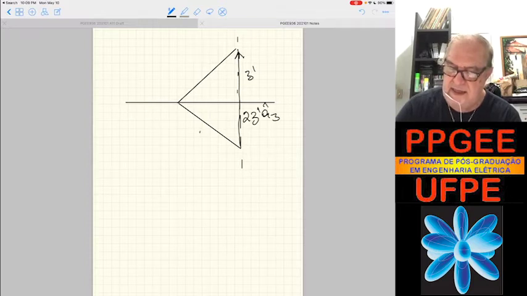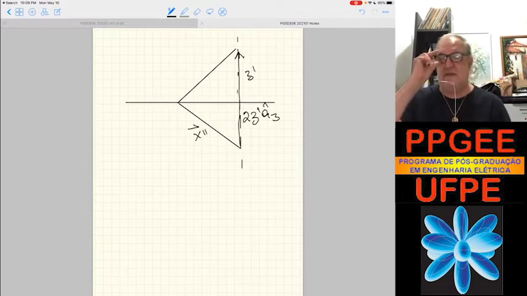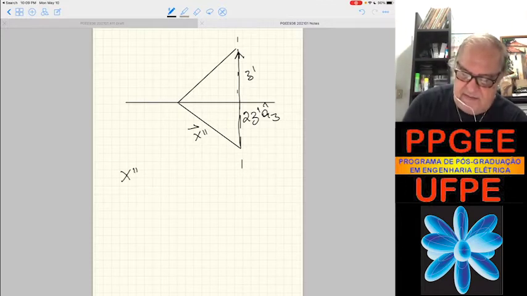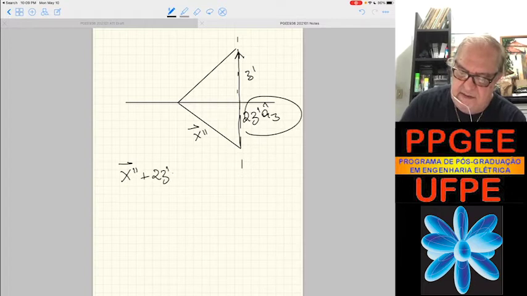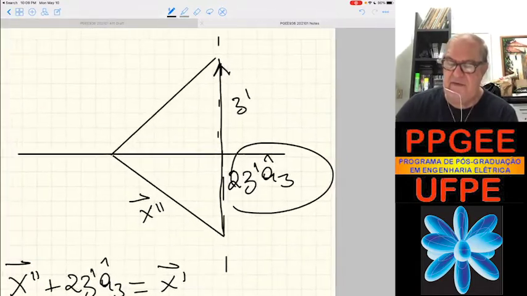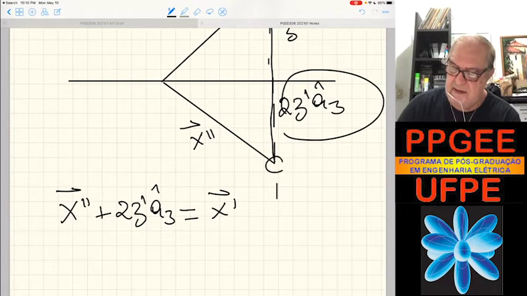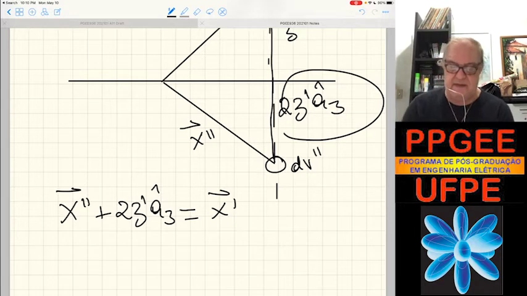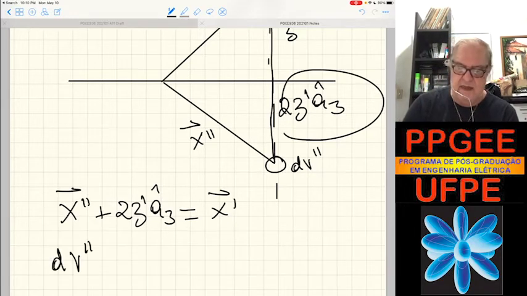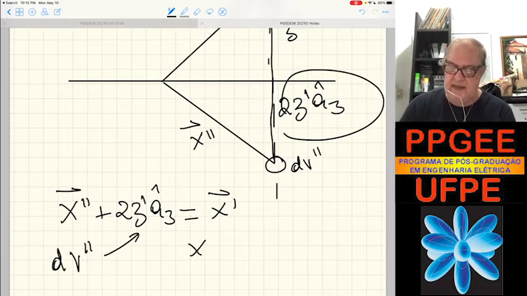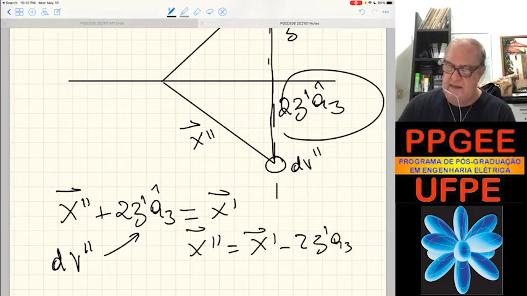It means that the location of the image volume distribution, x2 prime, when I sum 2z prime az, I get x prime. So if I have a dv prime volume, the location of this dv2 prime, the image volume element, is going to be at x2 prime equals x prime minus 2z prime az.